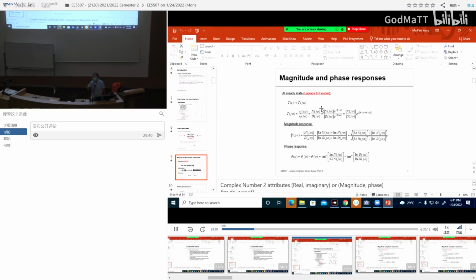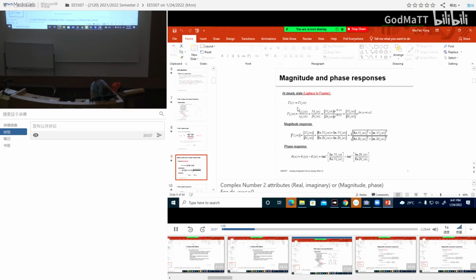This is how we get the frequency response from the Laplace transform. We substitute s by j omega. Omega is the frequency information. Remember, in the previous slide, we got a transfer function in terms of s. Now we substitute s with j omega, and then we will have V2 over V1 of j omega.